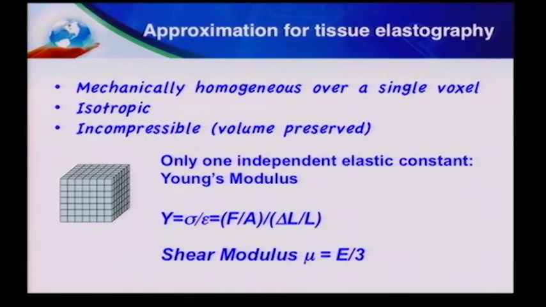This is a reasonable assumption because 80% of tissue composition is water, and you can fairly safely assume that water is incompressible within the force that we apply. So with those three assumptions, the tissue mechanical property becomes extremely simple. You just have one quantity, the Young's modulus, and the shear modulus and Young's modulus have a fairly simple relation: the shear modulus is essentially 1/3 of the Young's modulus.